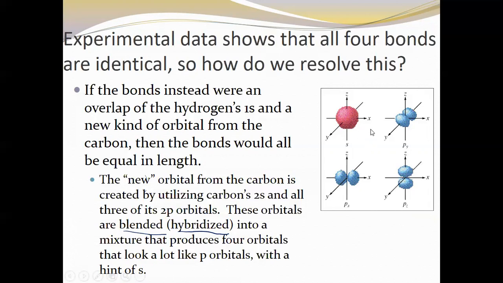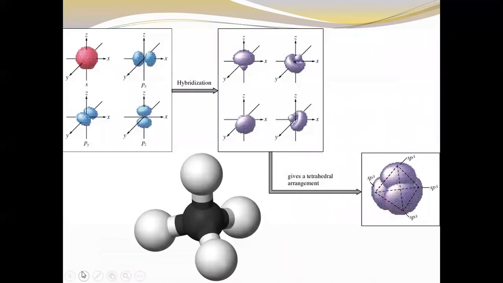So here's your s orbital. Here are the three 2p orbitals. So now hybridization blends these together. They look like a lot of your p orbital and then just a hint of this s.